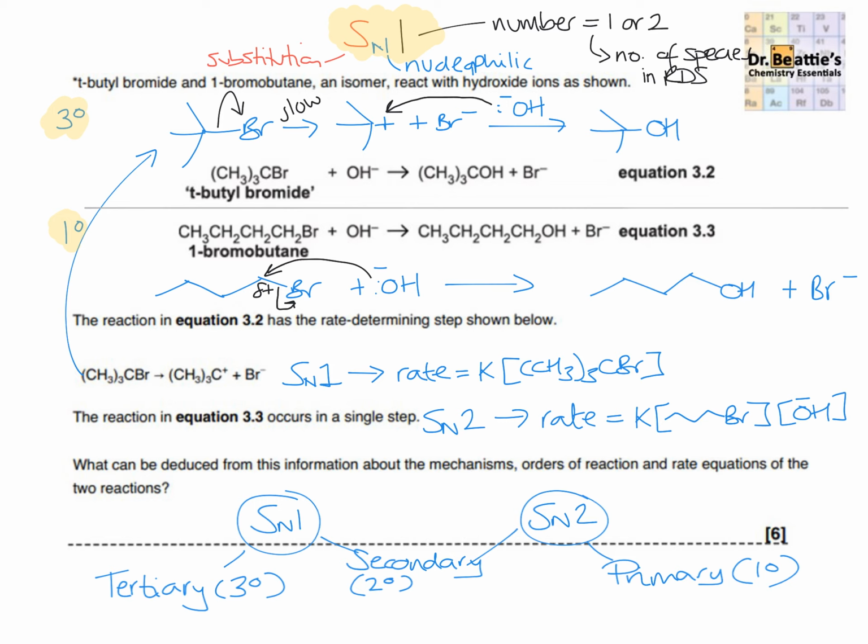Now, the reasons for this, again, aren't needed for OCR. However, it is all to do with something called steric hindrance, so the amount of space. With a tertiary haloalkane, if you were to try to get this hydroxide to come in and attack this carbon and therefore break the bond, like in an SN2 reaction, these carbons attached to the carbon where you're going to be attacking take up too much space, and so this can't actually attack.